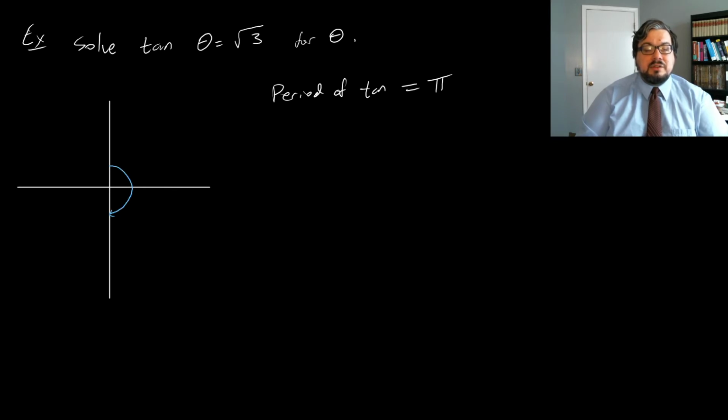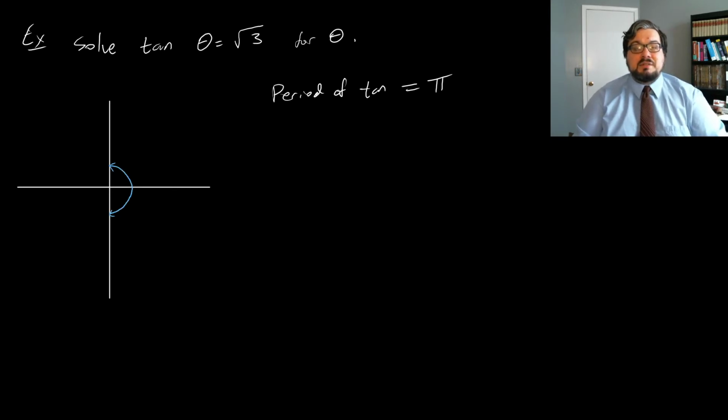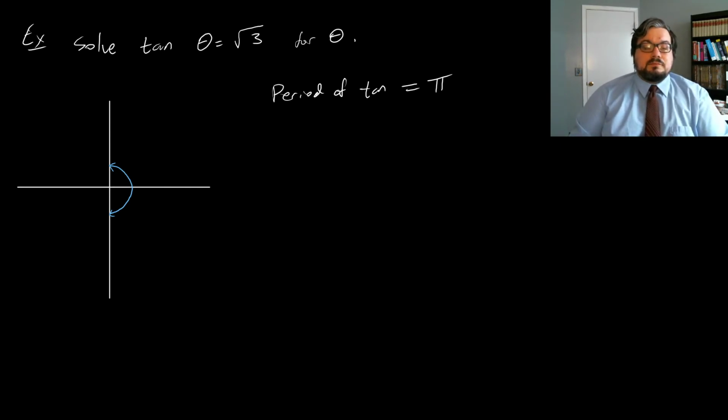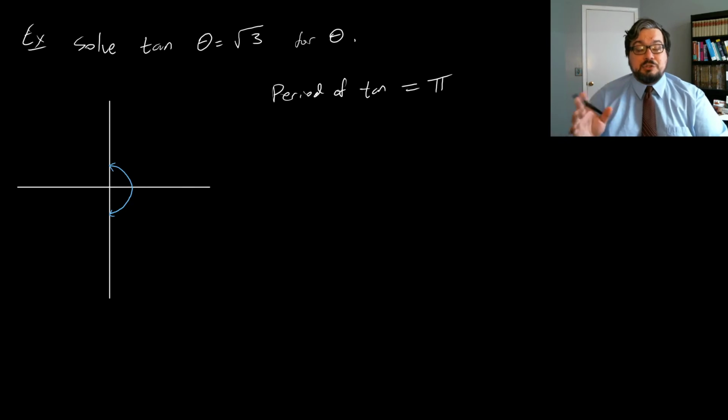So we only need to look in two adjacent quadrants covering a total angle range of pi, in order to find the solutions that we can use to build our entire solution set. So, given that we only look in quadrants 1 and 4, we could also use quadrants 1 and 2, by the way.